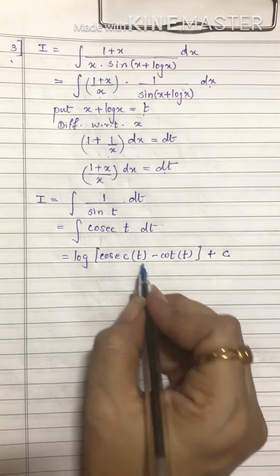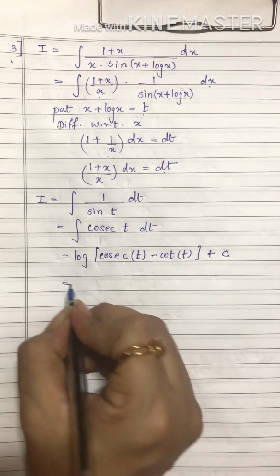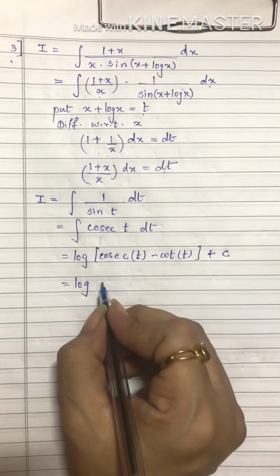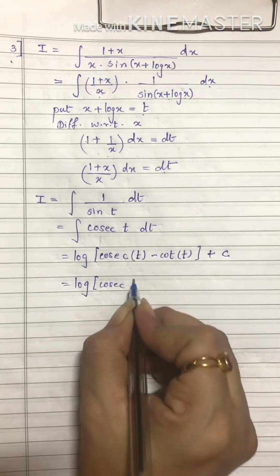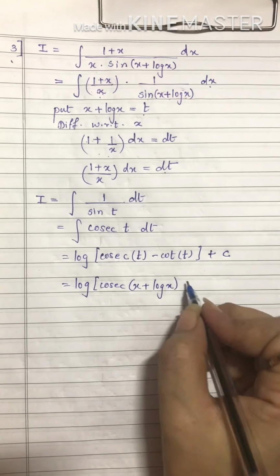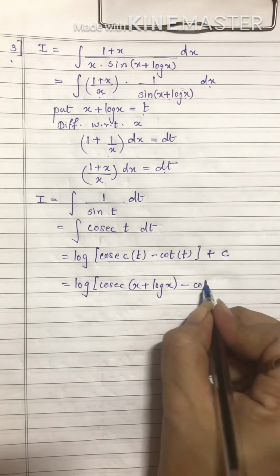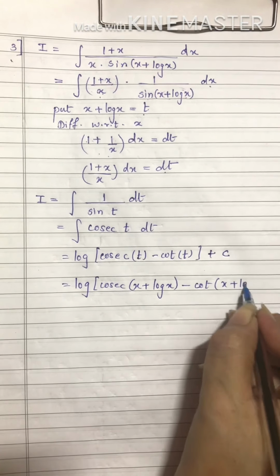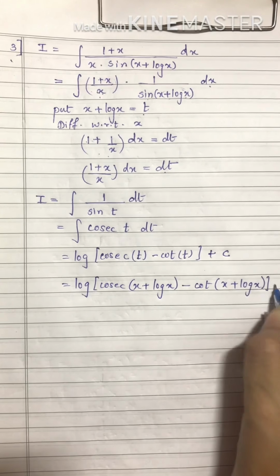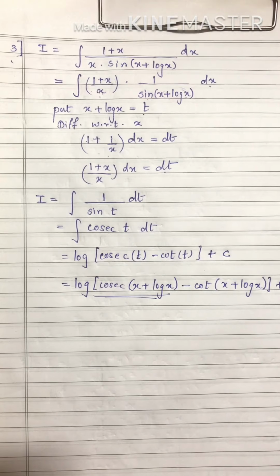Now here also we will resubstitute the values of t. So we get the answer as log cosec of x plus log x minus cot of x plus log x plus c. This is our final answer of the third sum.